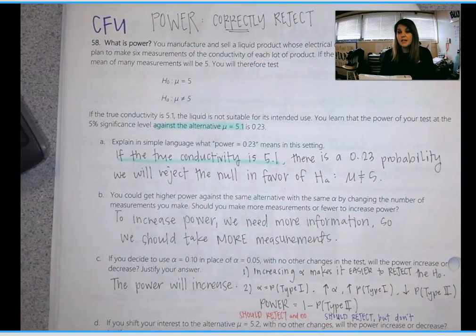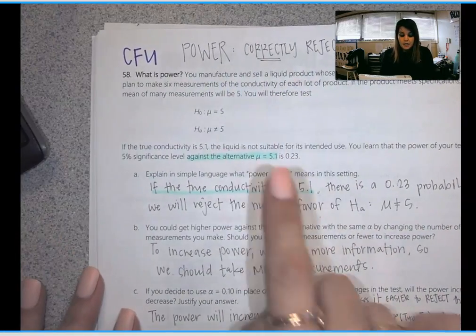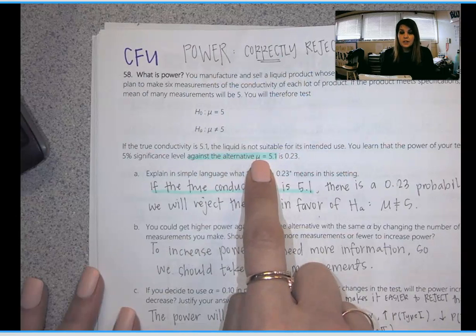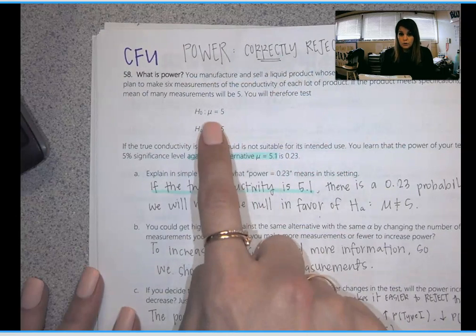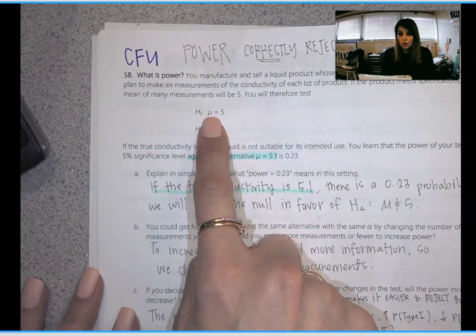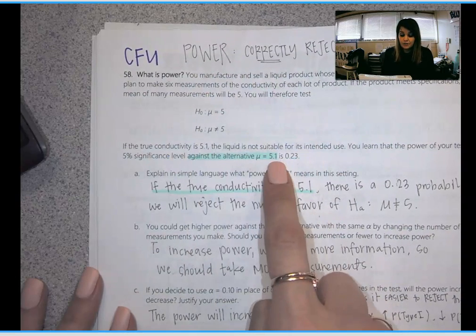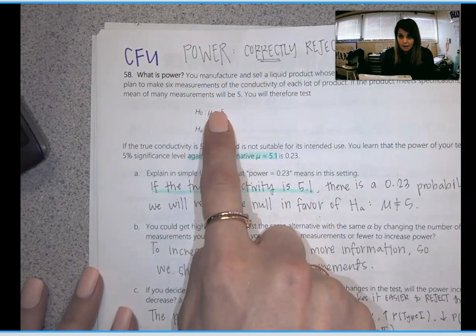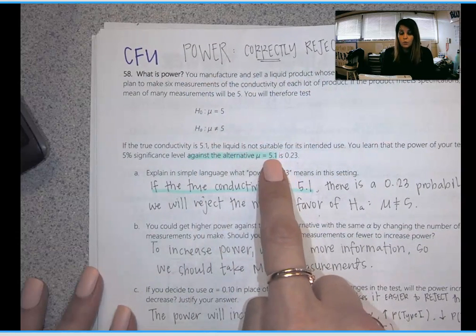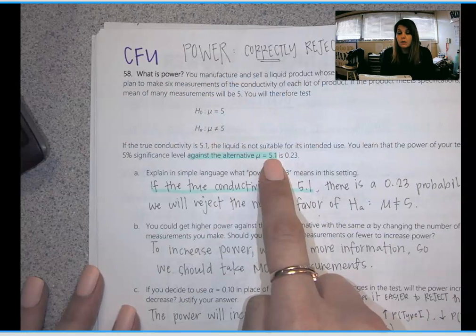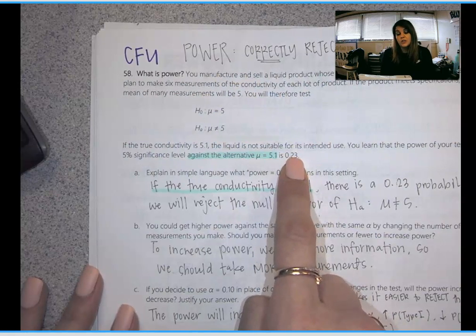So I'm going to say that one more time. If mu is really 5.1, we should reject the null. Because obviously, if it's 5.1, then it's not 5. What are the chances that we will actually reject, that we will do what we're supposed to do? Only 23%.